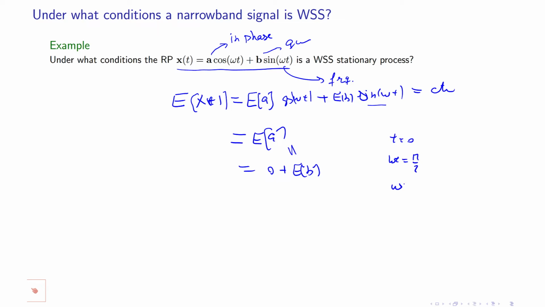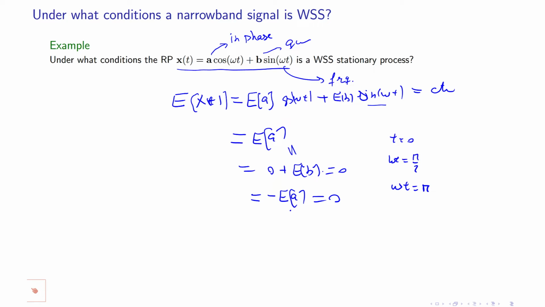Alternatively, I could replace omega t by pi. In that case, cosine of omega t becomes minus 1, so I get minus the mean of A, and sine of omega t becomes 0. So in that case, these three should be equal to each other. So the mean of A should be equal to the mean of minus A. Therefore, these should be equal to 0. Because this is 0, this shall also be 0.